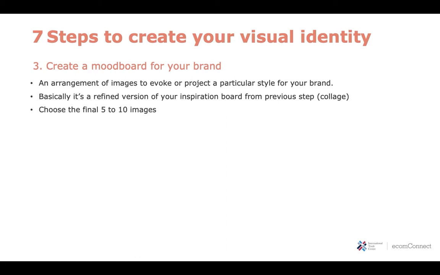You have around 30 pictures selected, so now we need to look at those pictures and pick between 5 to 10 images that best describe or represent your brand. Here it is important that you select them having in mind that they will be a foundation for your color palette.